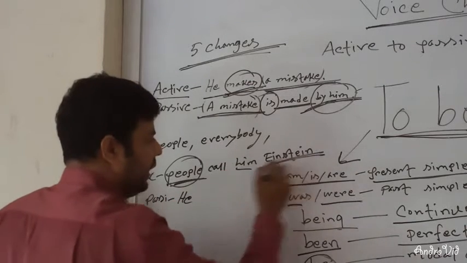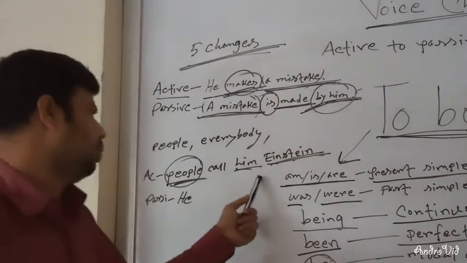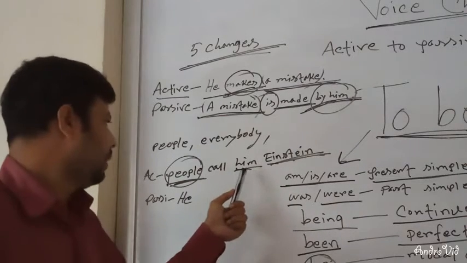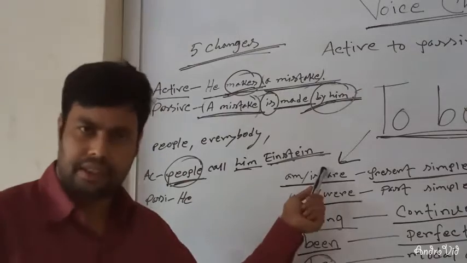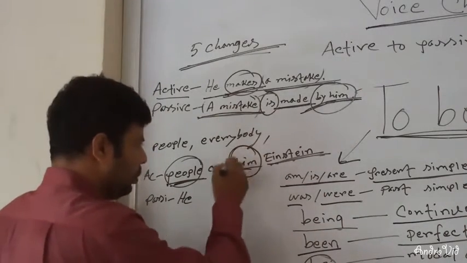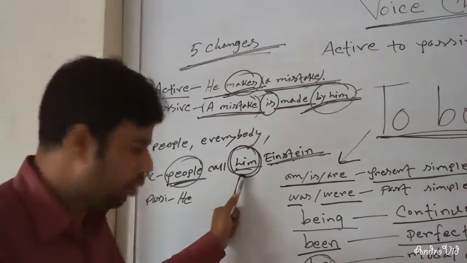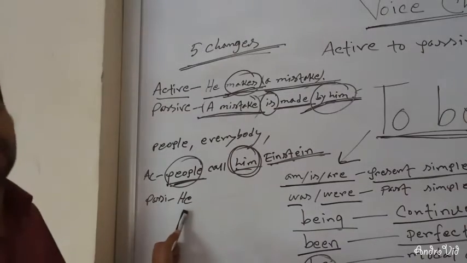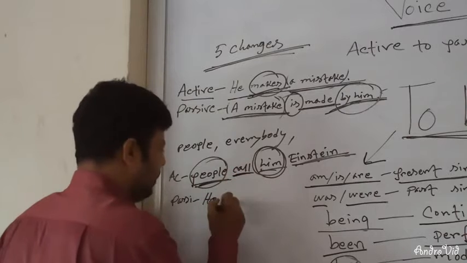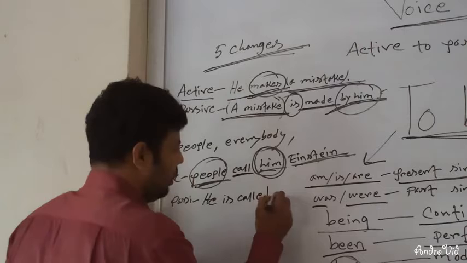We have two objects here, him and Einstein. You may not know, students, if you have an object and complement in a sentence, in that case you have to take the pronoun object as the subject in the passive voice. So we have present indefinite tense, he is called Einstein.